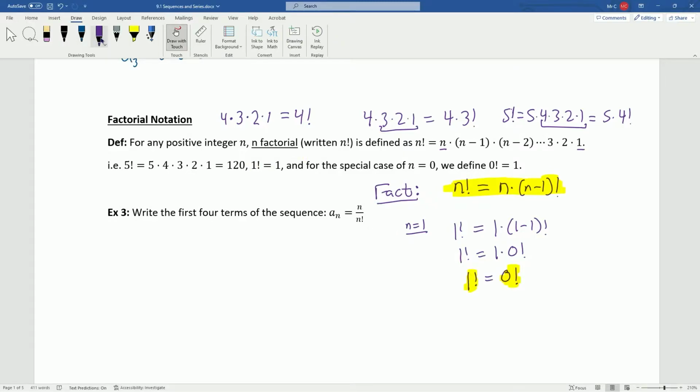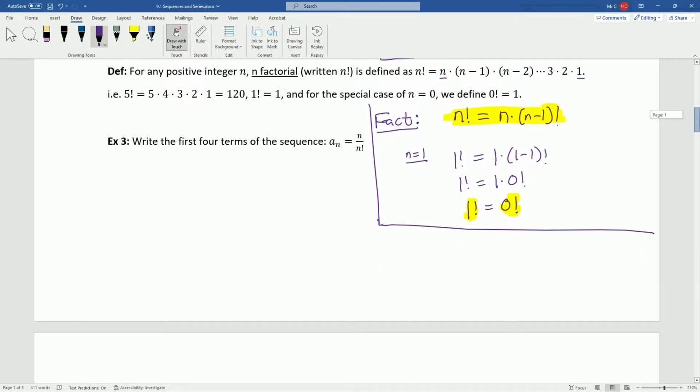So it's sort of an odd little situation, and again, it's mostly a convenience factor, because otherwise every time we wrote this statement, n factorial equals n times n minus 1 factorial, anytime we use this fact, we'd have to say, unless n equals 1, which we don't want to do. So in order to avoid that special consideration, we just define 0 factorial to be 1, and then we don't have to worry about that weird special case. Okay, hopefully that makes some sense.